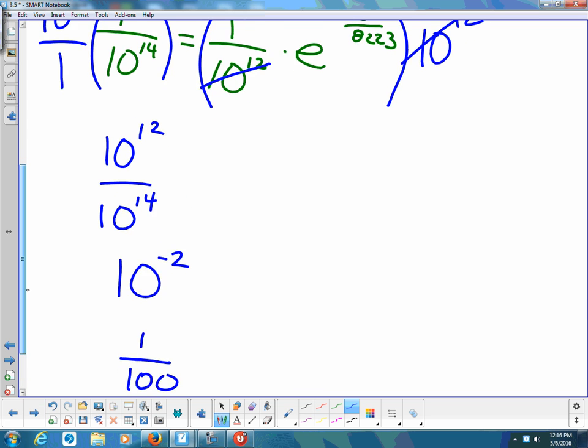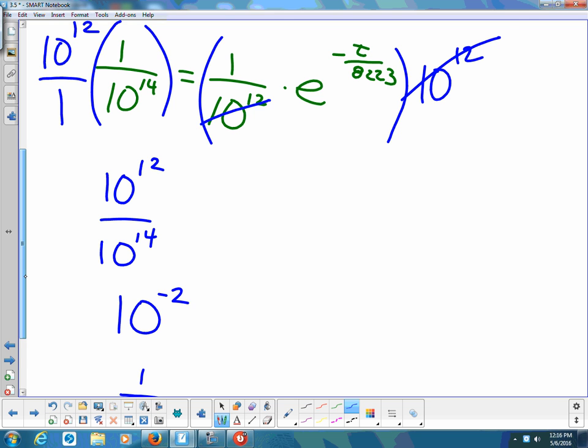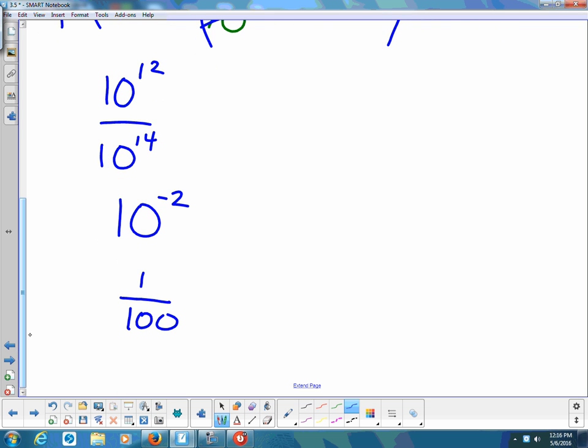So I now have 1 over 100 equals e to the negative t over 8,223. Does this look okay? And then could we say ln of 1 over 100? All right, so we're going to rewrite this in log form.